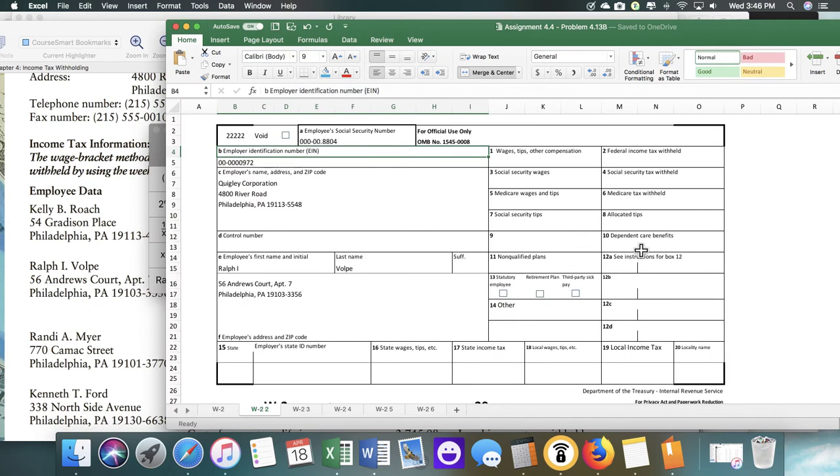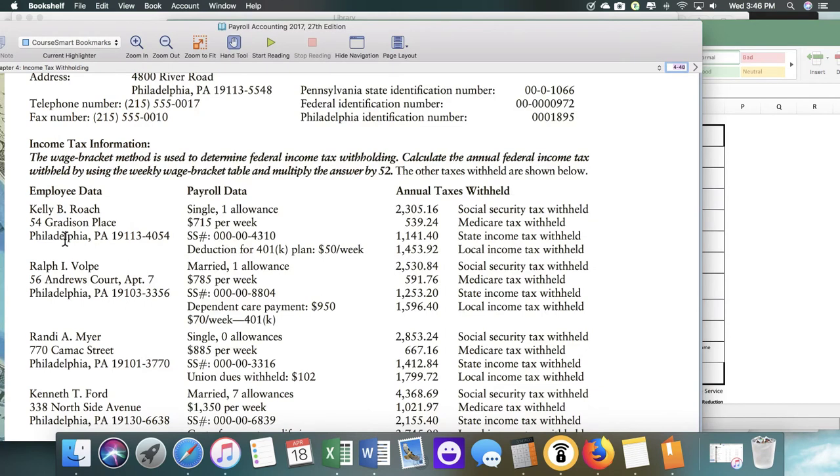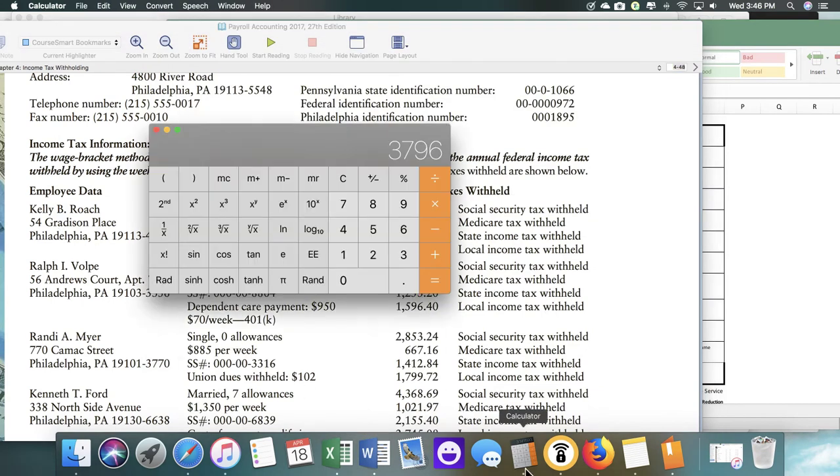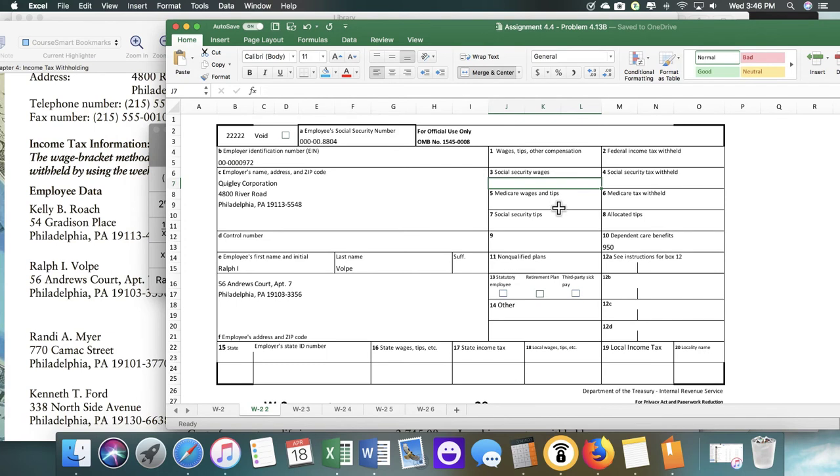So we're going to enter that, $950. And then we would enter in the rest of the information that we know. So he is paid $785 a week times 52 weeks. So 40,820.